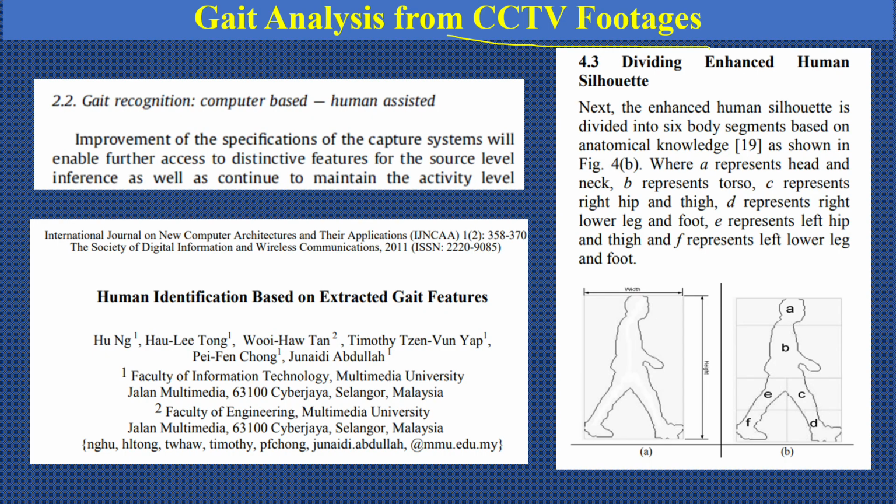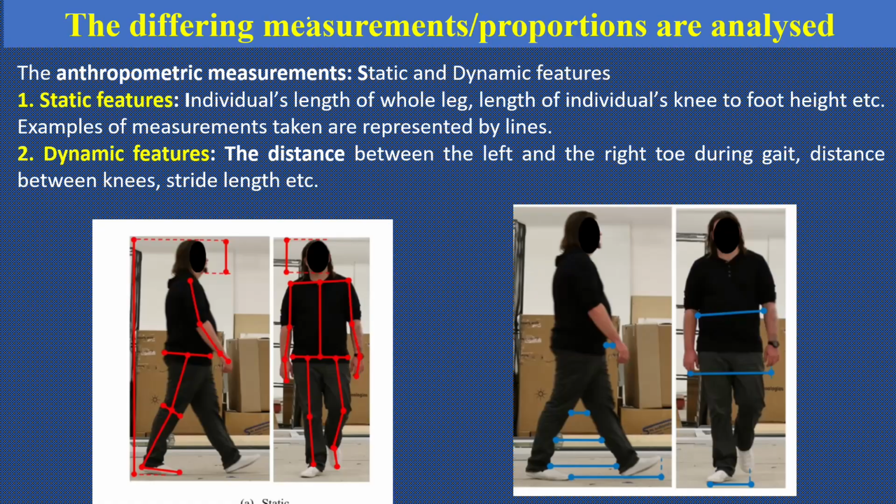So you can use it for human identification in cases where the facial features in the photographs or in the video are not available, or when person identification becomes difficult because the facial features are not visible. So this kind of technique can be applied.